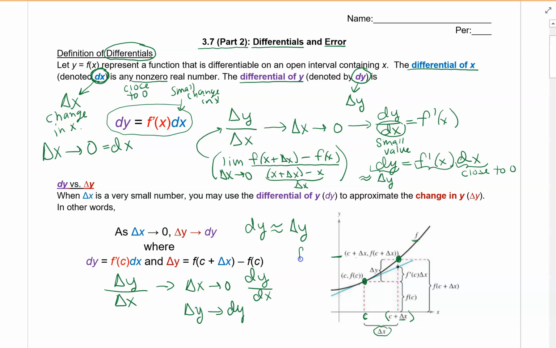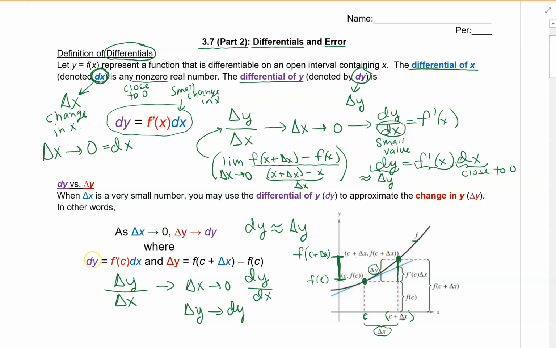That'll give me two different y values, f of c plus delta x and f of c. So delta y is what you get when you subtract those two. It's like the actual physical difference between those two y values. So it's this length right here is my delta y. You can see it right there.